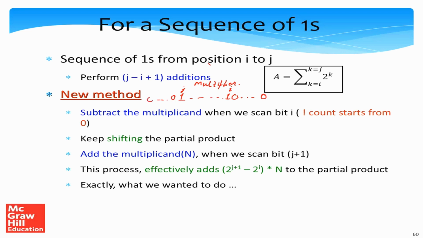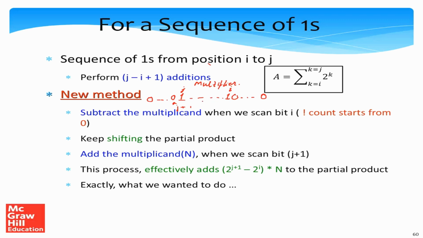So in an island of zeros, we suddenly have a sequence of ones from i to j. When we scan bit position i, let us subtract the multiplicand from U, and then keep shifting the partial product as we do. And when we scan bit position j plus 1, where we again see a transition from 1 to 0, let us add the multiplicand.